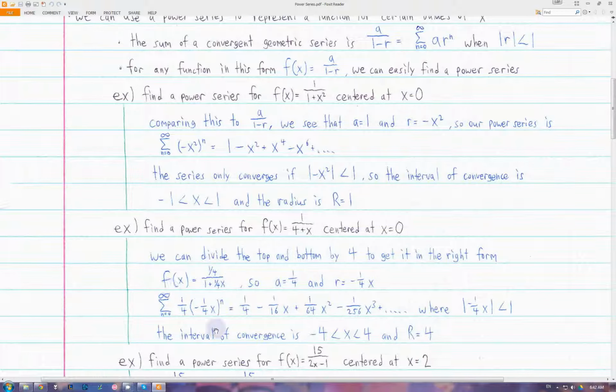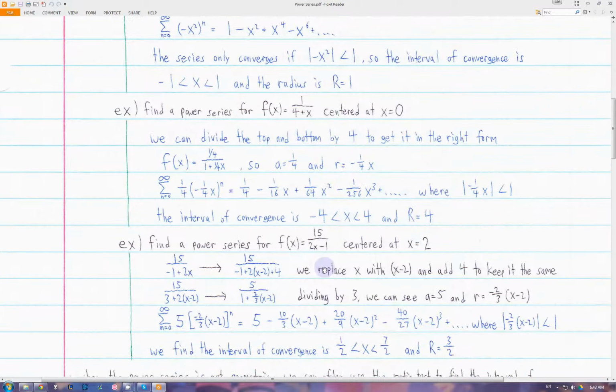So then we can write a geometric power series, 1/4 times the ratio to the n power. And then we know that the absolute value of the ratio must be less than 1. So we can solve for x in this inequality to get the interval of convergence. And it's from negative 4 to 4. So since we're centered at 0 and we go out 4 to both sides, the radius of convergence is 4.